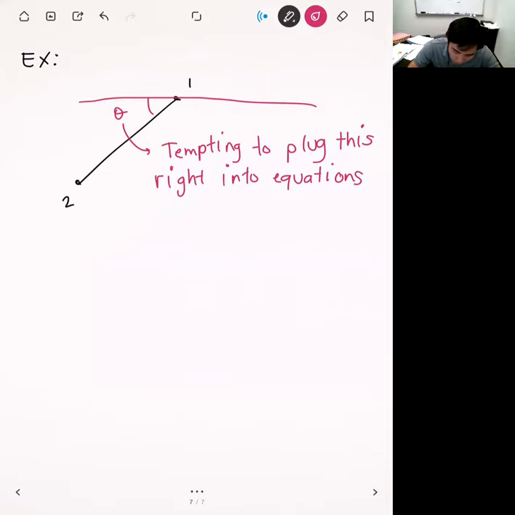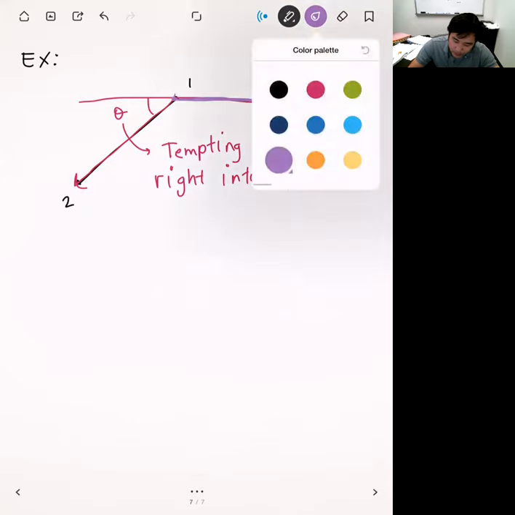And so what you should do is draw an arrow from node 1 to node 2 like this, okay? And then also draw the positive x-axis emanating from the lower numbered node, okay? And so in this case, the lower numbered node is node 1, okay? And so, draw a point at node 1 and then just draw a line horizontally to the right from there, okay? And so this is the positive x-axis, okay?